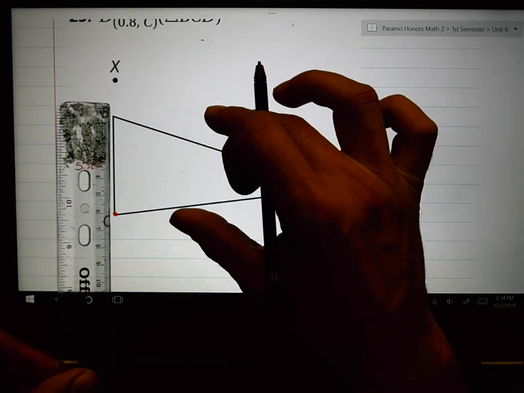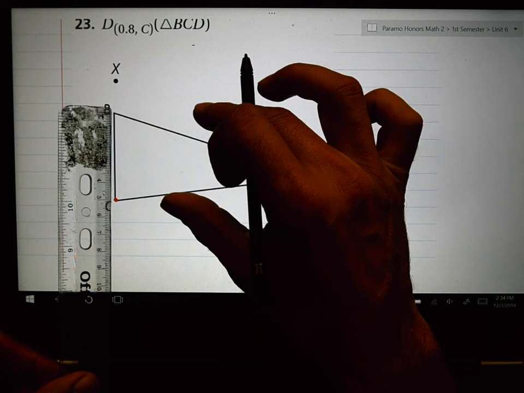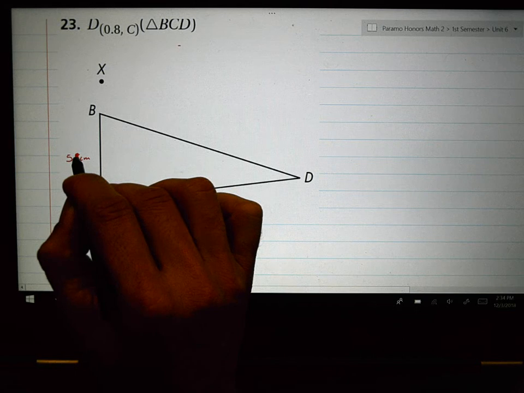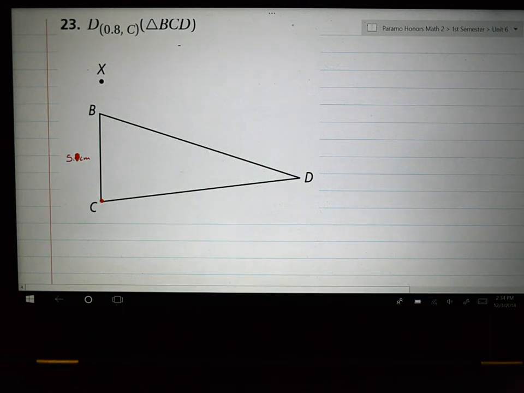Matter of fact, let me just make this easy on myself. Let's pick a nice whole number. Let's try to see if I can get it to be 5 on the dot. There we go. 5.0 centimeters. Yay! You're going to measure your own, whatever it comes out to be, and I'm going to say use the metric system because it's going to be easier for your decimals. 5.0.